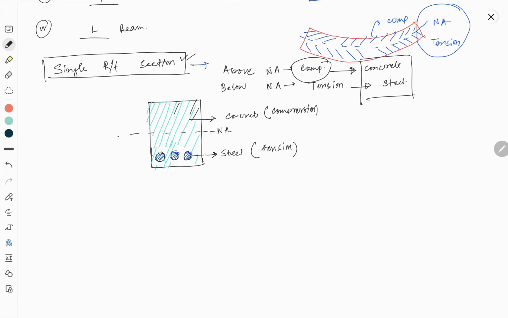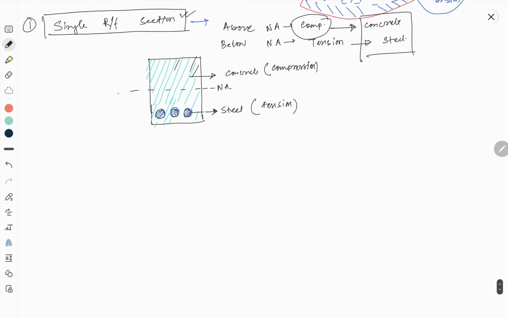Now we move to the double reinforcement section.